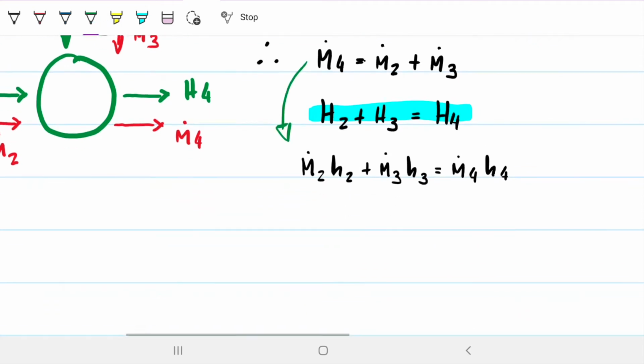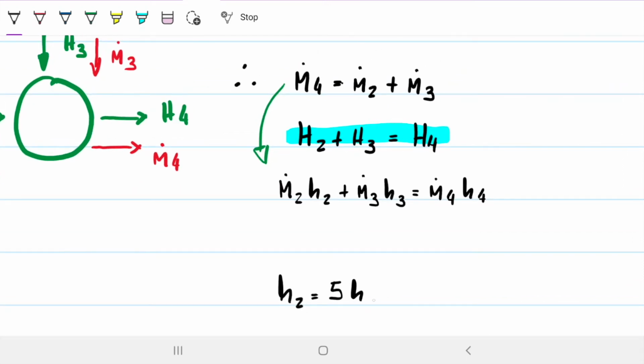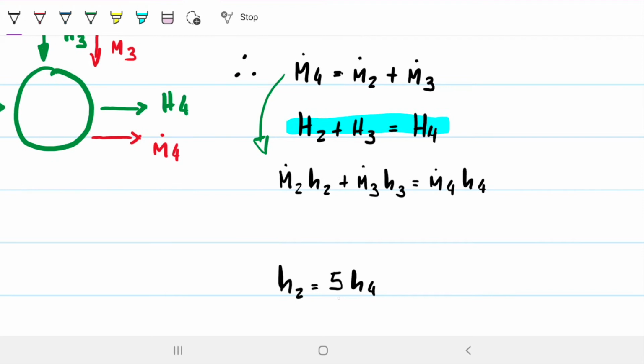I can rewrite this once again, dividing everything by the mass flow rate 2, and I'm going to have my lowercase h2 has to be equal to 5 times h4 divided by mass flow rate 2 plus h4 minus 5 times h3 divided by my mass flow rate 2.